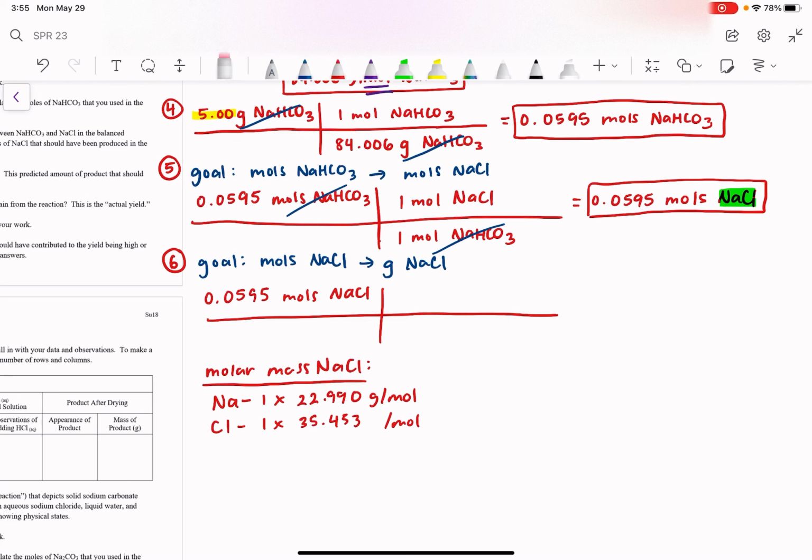We're adding those two numbers together because we want the molar mass of the entire compound. So 22.990 plus 35.453 gives us 58.443 grams per mole of NaCl.